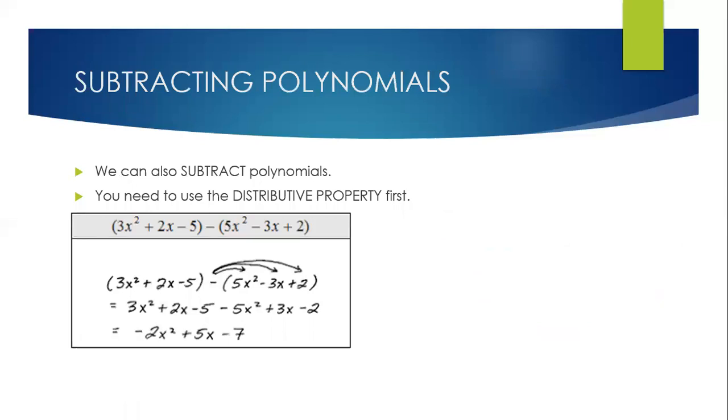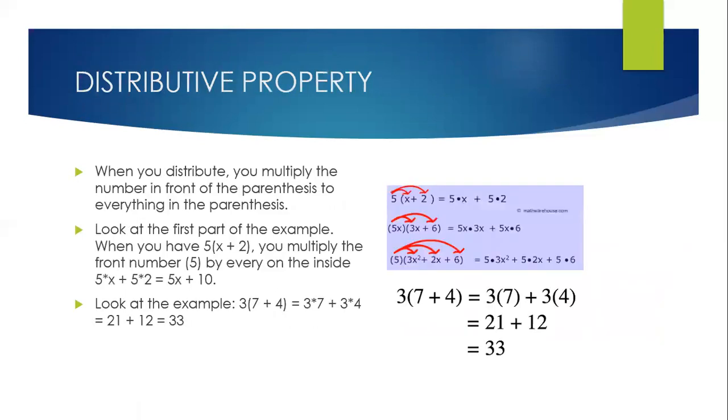All right, you can also subtract polynomials. To do that, we need to use the distributive property first. So let's go over what the distributive property is. When you distribute, you multiply the number in front of the parentheses to everything in the parentheses. So let's look at the first part of the example.